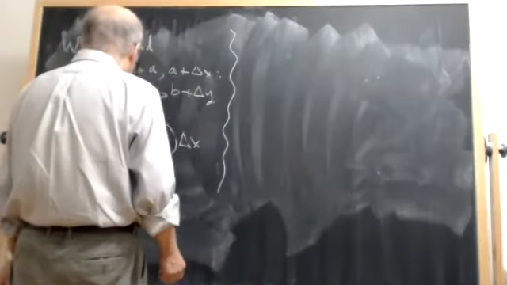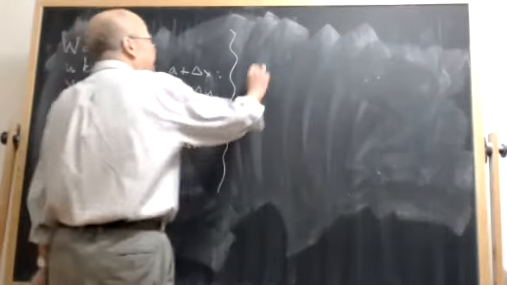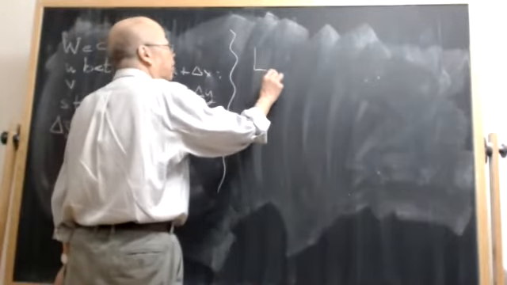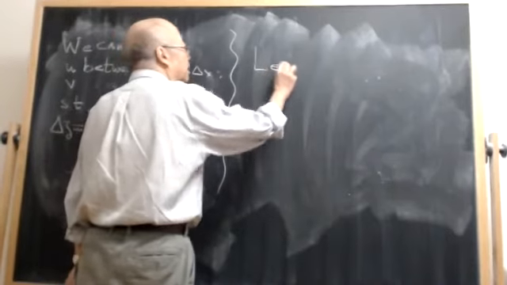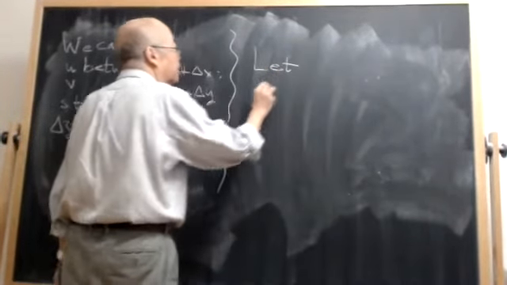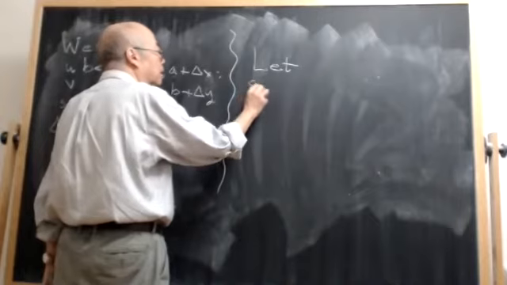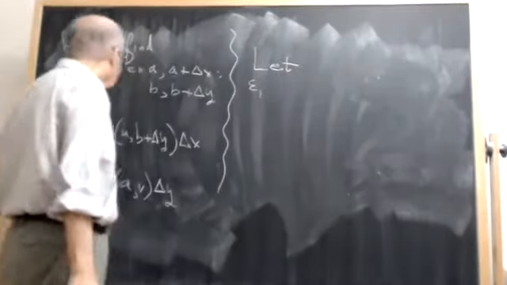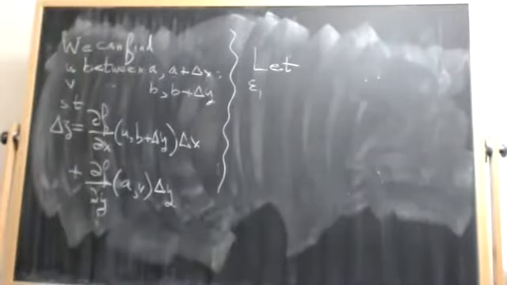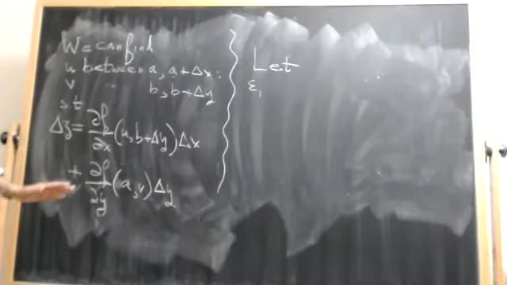Now I am going to do the following thing. I let epsilon 1 be the following derivative.